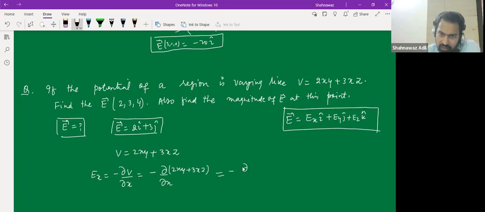So minus of d by dx of 2xy and minus of d by dx of 3xz. So 2y is taken outside and I have dx by dx, and similarly minus 3z is taken outside, and I have dx by dx. So this is 1, and I have Ex equal to minus 2y minus 3z.